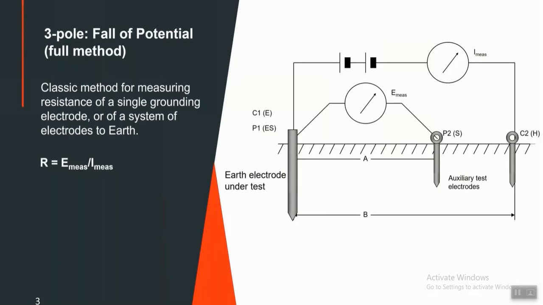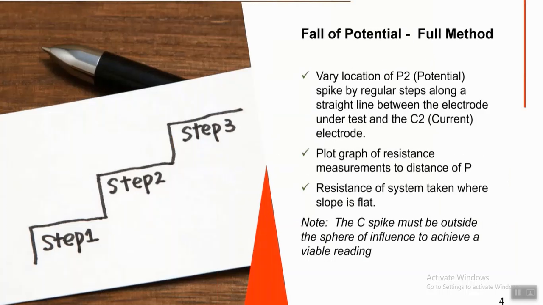For the fall of potential method, there are three steps. The first is verification of P2, the potential probe, by regular steps along a straight line between the electrode under test and C2, the current probe.